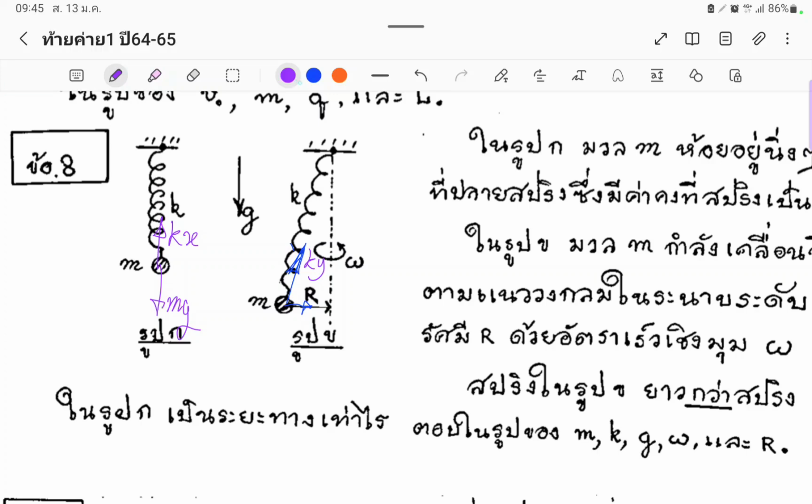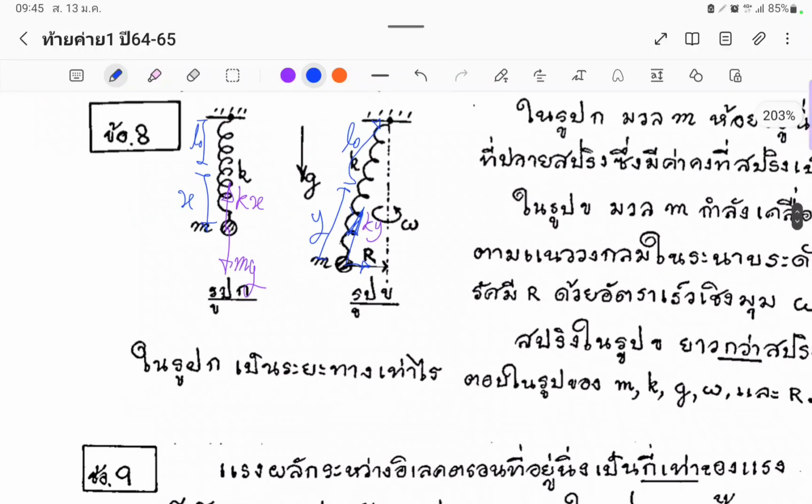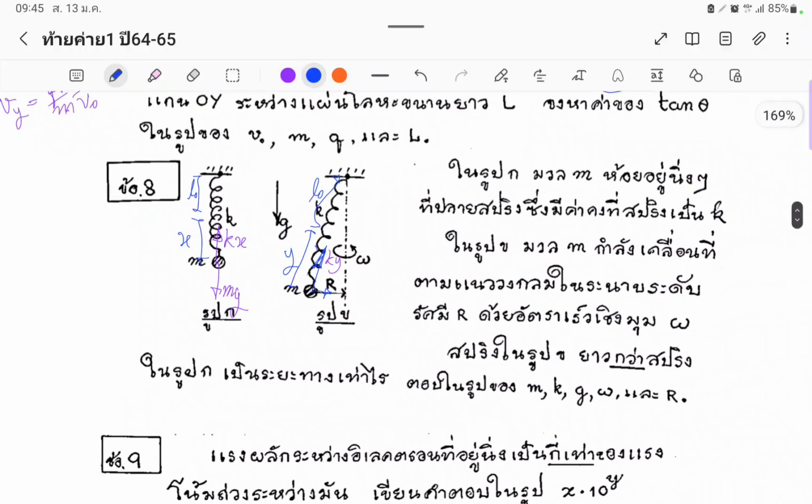So we have L0 here, and then X is some kind of expansion that the spring gets. I don't know what it's called properly, but whatever. There's L0, and then there's Y, where Y is greater than X. They ask Y minus X equals what?